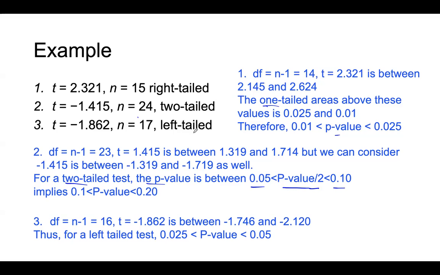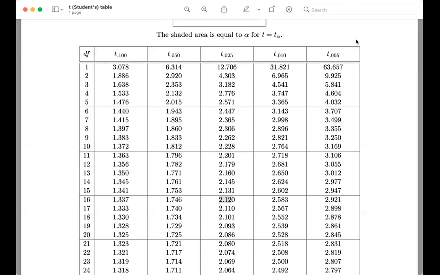Now for the last one, it's the left tail, and n is equal to 17. So our degrees of freedom, of course, is going to be 16. And we're looking up this value in our table. Our degrees of freedom is 16.